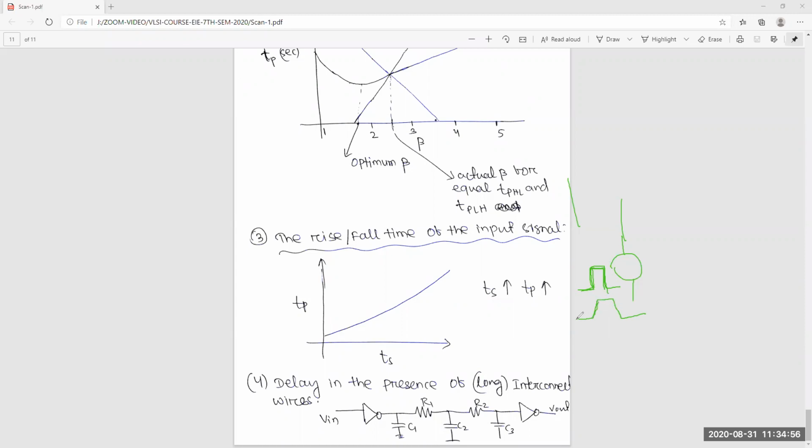So if you add this in our analysis, definitely due to this rise or this fall, the output delay will also change, will increase. Okay, that propagation delay. So you can see if your slope at the input increases, your TP increases.